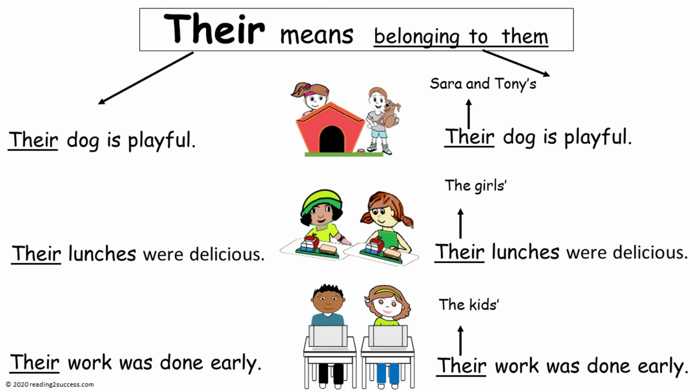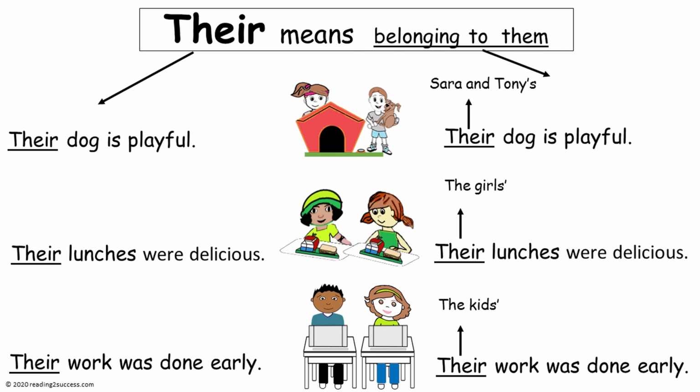Now we're going to read the sentence with the word their in it. Then we're going to go across and answer who the dog belongs to. We will replace the word their and read what is above the arrow in place of it. So our first sentence says, their dog is playful. Whose dog is playful? Sarah and Tony's dog is playful.